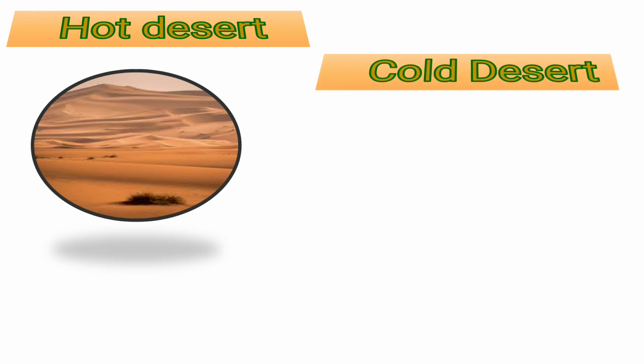Now, moving to the next, that is hot desert. Yes, hot desert, and one more kind of desert we will see. First we will see about the hot desert. What is a hot desert? You must have seen a desert, isn't it? And the cold desert.